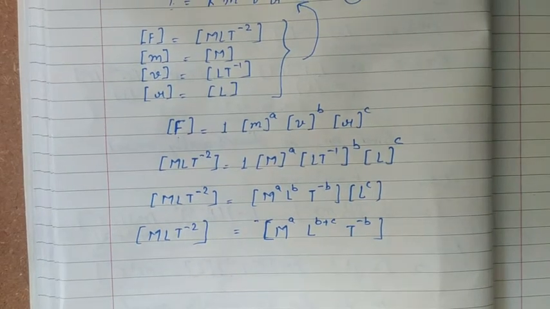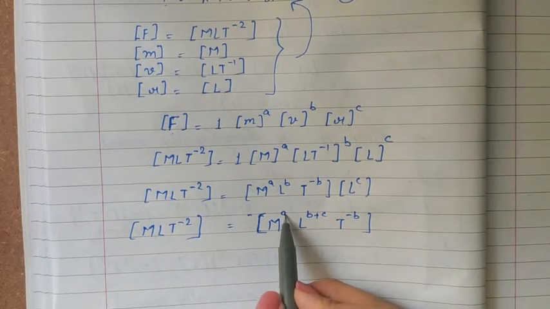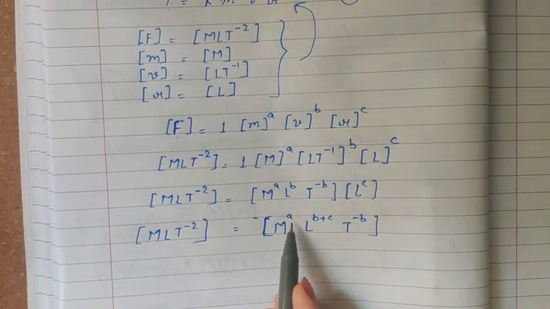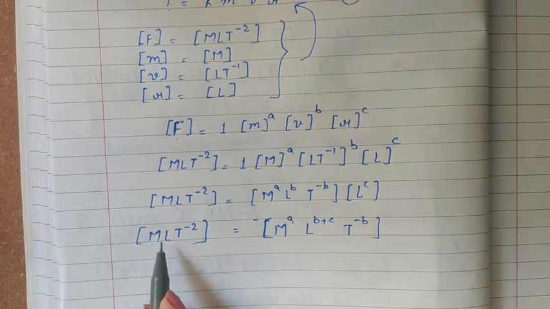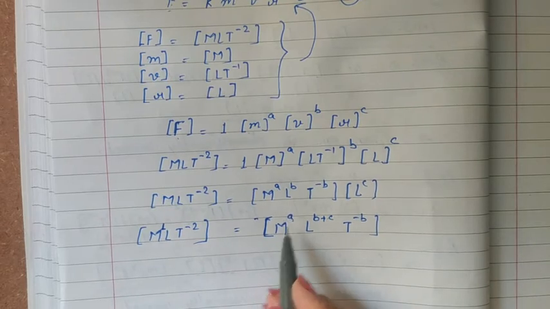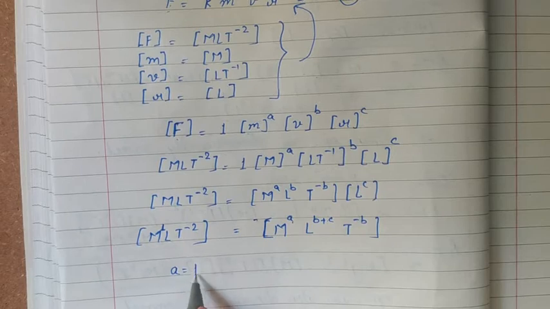Now on comparing left hand side and right hand side, we get the values of these exponents. So on comparing, what we get, a is equal to 1, because in the left hand side the power of M is 1 and on the right hand side it is a, and these are equal, so it is necessary that a must be 1.